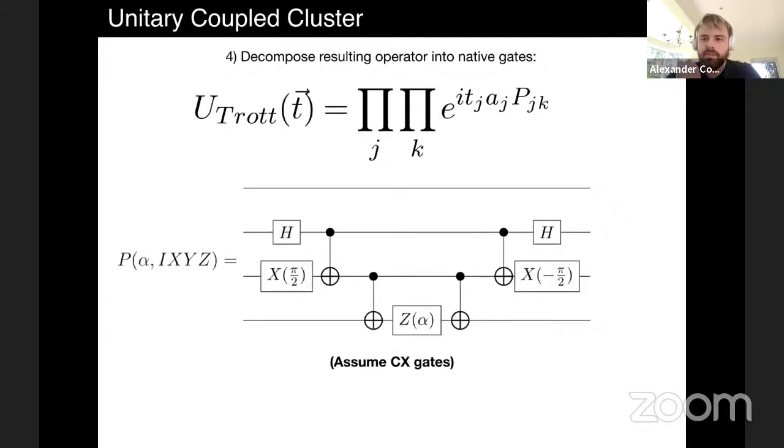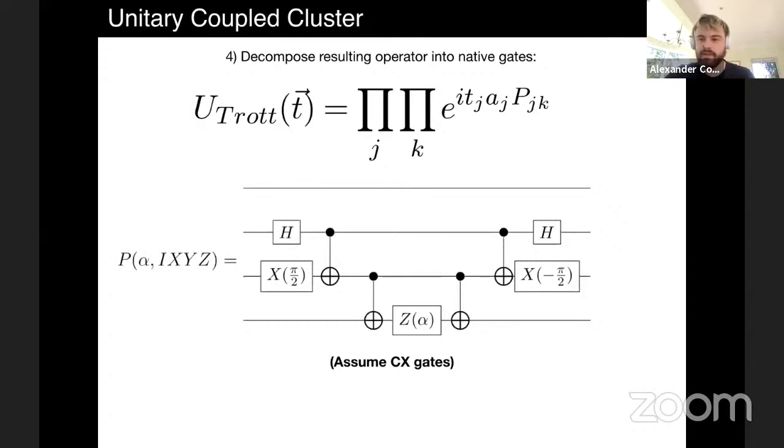And the reason why I'm assuming CNOT gates here, I want to spend a bit of time talking about this. So there are a variety of different native hardwares, and many of these can do non-Clifford two-qubit gates that are much more expressive. But because these differ quite a lot from hardware to hardware, for the purposes of this compilation, we're assuming that we're going down to CNOTs.